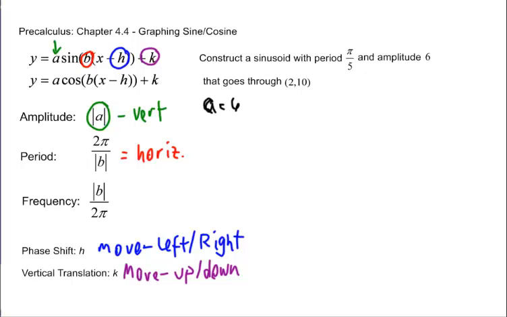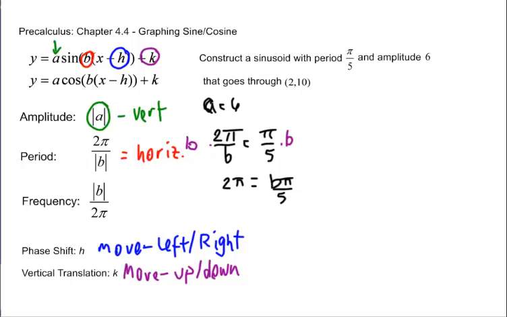So the period, now what is period? 2 pi over b equals pi over 5. That's what the period equals. Well, can we solve for b? Multiply both sides by b: 2 pi equals b pi over 5.